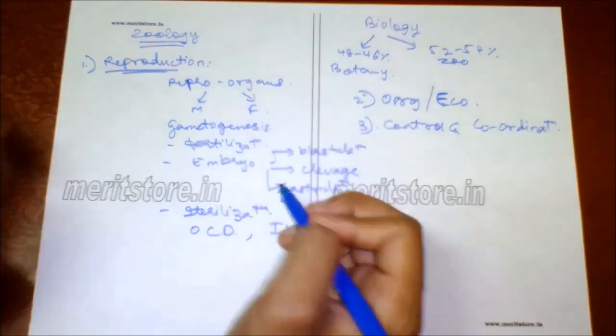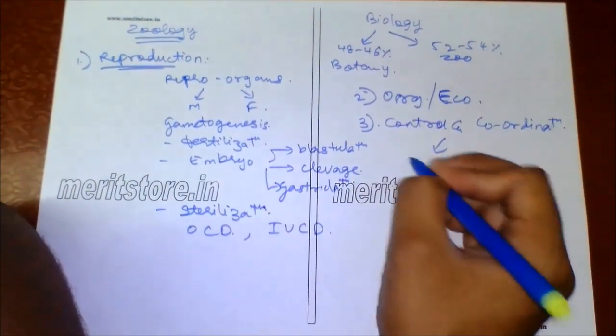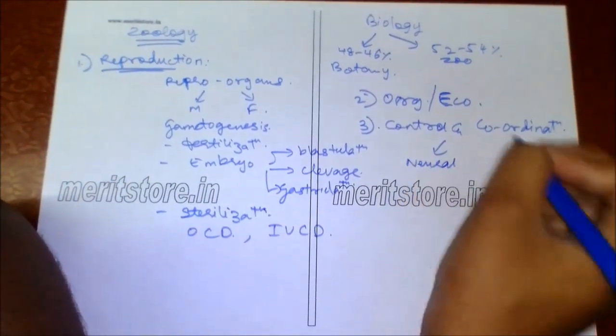Control and coordination is a very vast chapter in which there is neural control and chemical control.